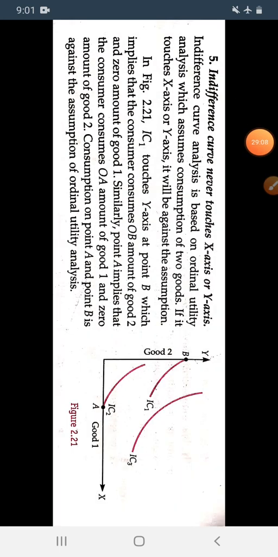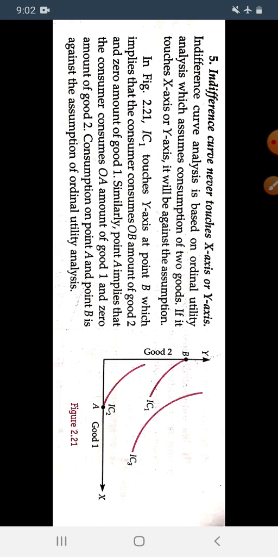This one is the last property of the indifference curve: indifference curve analysis is based on ordinal utility. We have already studied that there are two types of utility, cardinal as well as ordinal. In ordinal utility we give preferences or ranks. In this we rank the commodities, assuming consumption of two goods.